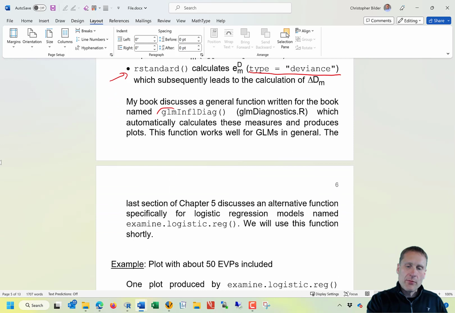Now, my book talks about a particular function that's in this file called GLM Diagnostics that will calculate this stuff in a nice organized manner. You're welcome to take a look at it. I'm going to focus, though, here on one other function that's introduced a little bit later in Chapter 5 called examine.logistic.reg, which basically does what this does here, but specifically for logistic regression models.